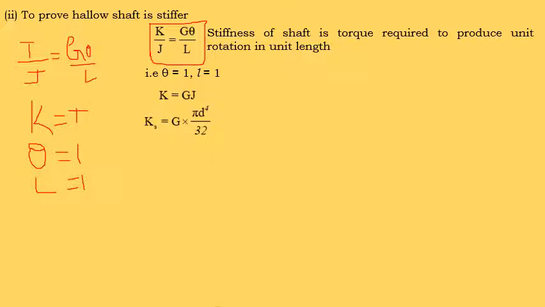For a solid shaft, Ks, the stiffness of the solid shaft, becomes G into, in place of the polar moment of inertia J, we substitute pi d⁴ by 32. Similarly, for the hollow shaft, the J value becomes pi into (d1⁴ − d2⁴) divided by 32.